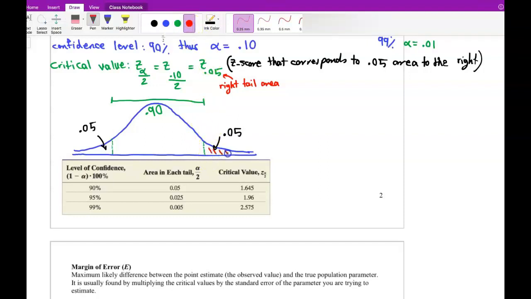So finding the area to the right. If you remember when we worked on finding area to the right, we need to subtract. So 1 minus area to the left. What that means, instead of using this one, I need to use what I have here on left.